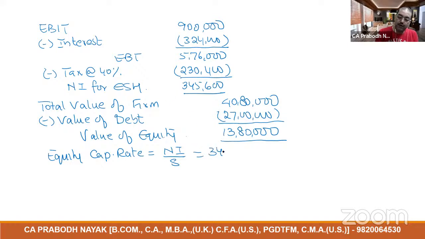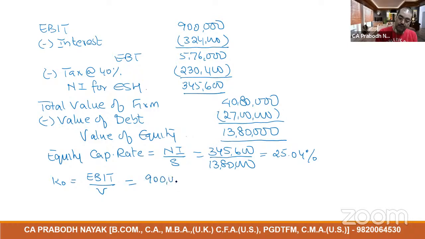Net income for shareholders 3,45,600 upon 13 lakh 80,000, that is 25.04%. Ko is equal to EBIT upon value of the firm. EBIT is 9 lakhs. Value of the firm is 40 lakh 80,000. That is 22.06%.